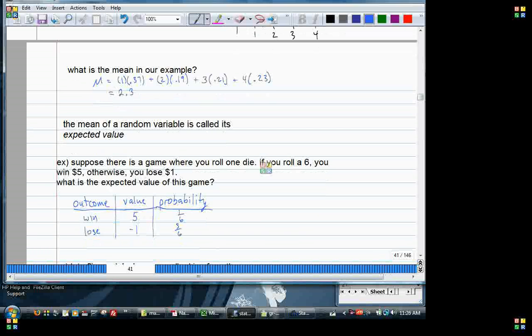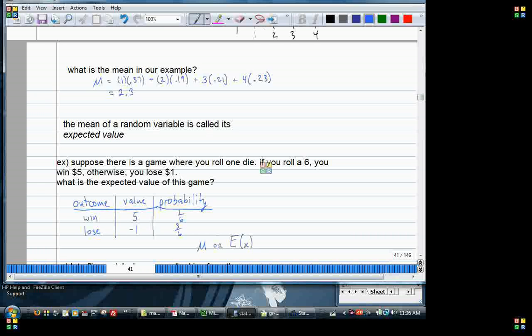Okay. So now, how do we find the value of this game? Exactly. Well, this is the mean or the expected value, and the notation for expected value is E of x. So x represents our data, and E just represents expected value. So you said I have to multiply.